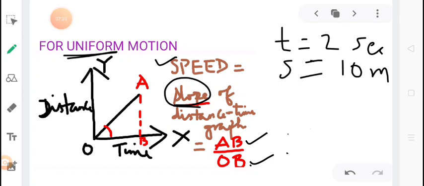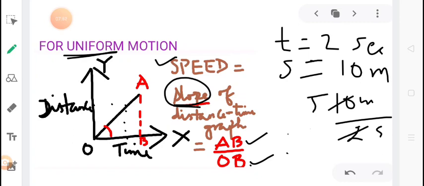Okay, say this is the value. So again following this slope part, AB by OB. AB means distance. So distance is 10 meter, and OB is the corresponding value of time. What is the time? 2 seconds. So you get 5 meter per second. That is the value of speed in this case.